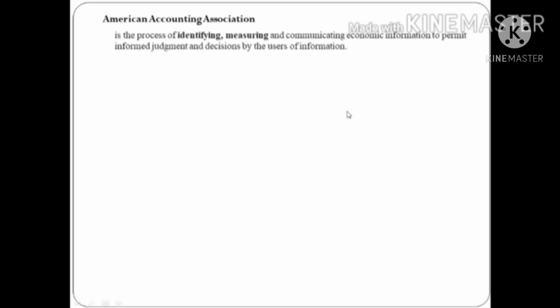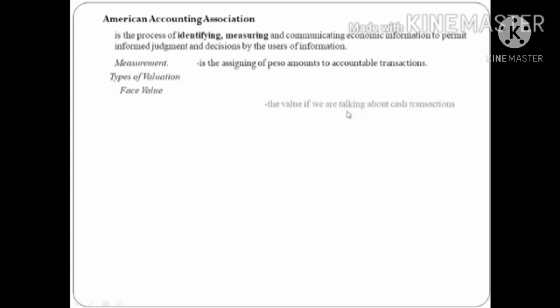If you have already identified the accountable transactions, you need to assign peso amounts to those transactions before recording them. However, there are a lot of valuations in accounting that you will meet when you study further, an example of which is the face value. If you are going to encounter cash-related transactions, those should be measured at face value.